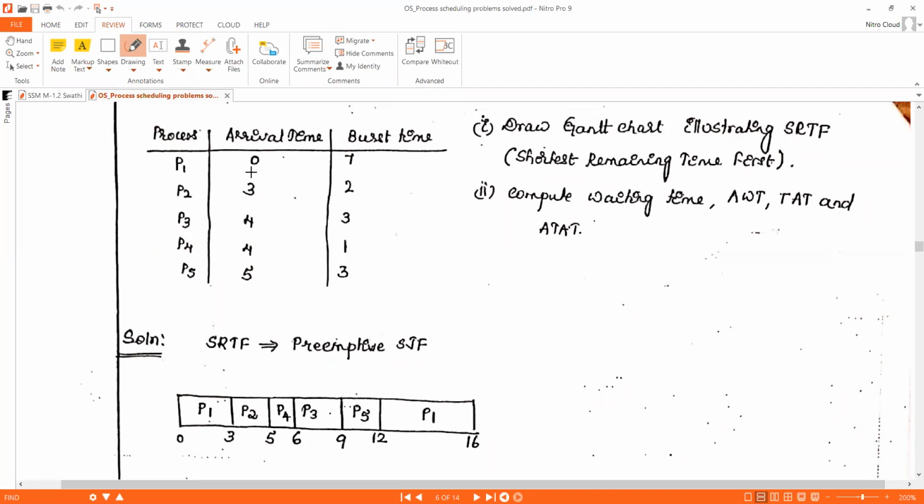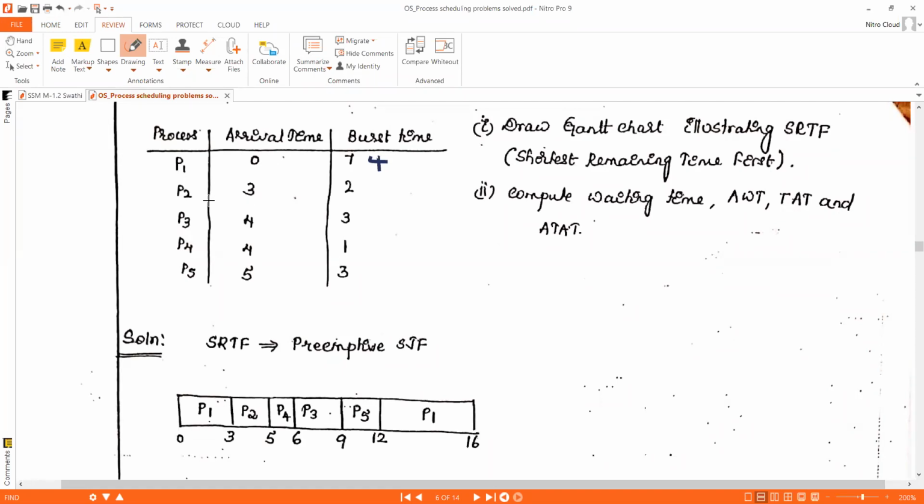At clock time 3 milliseconds, process 1 would have executed 3 milliseconds of its burst time, and 4 milliseconds of burst time is still remaining.